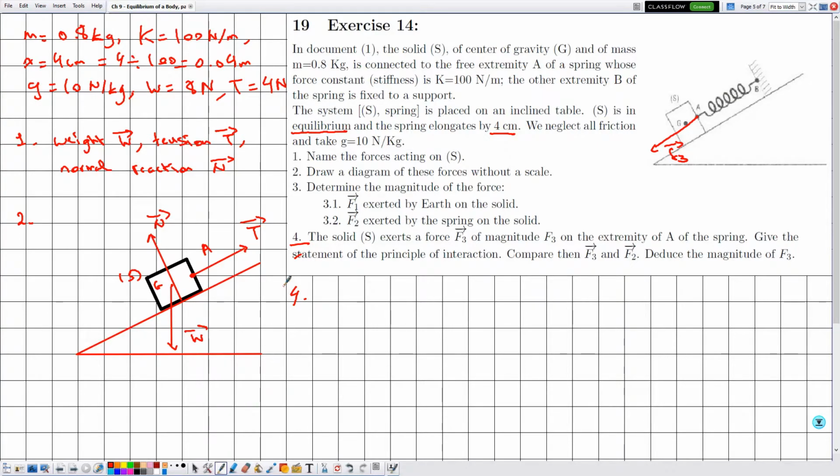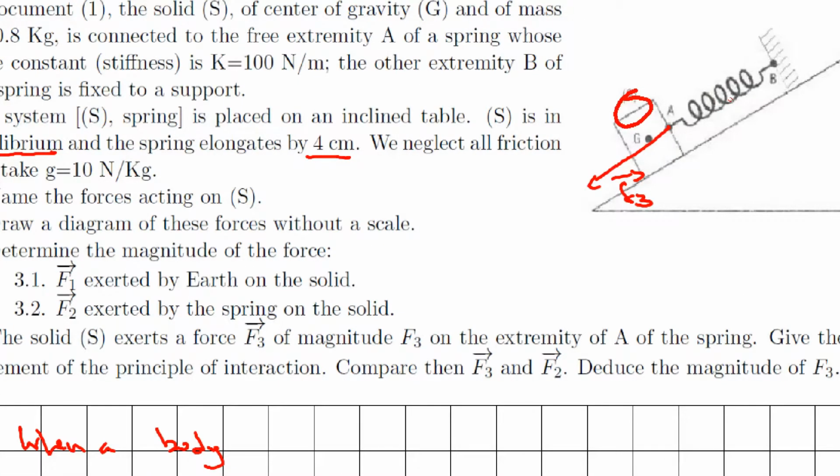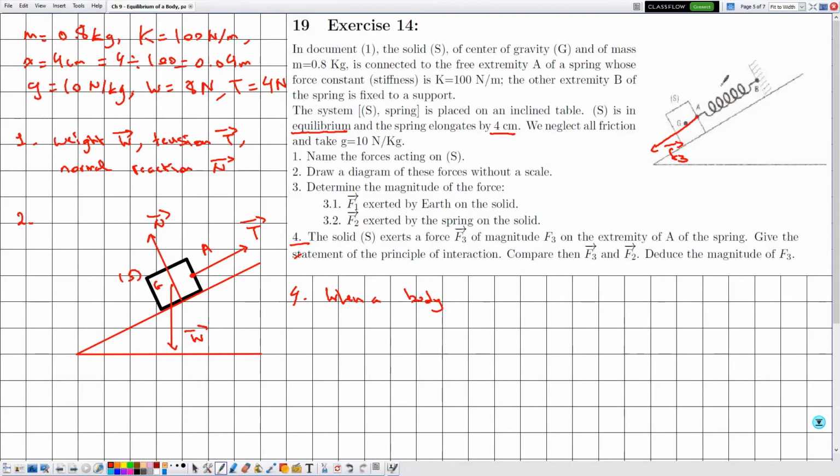When a body A, so here the body A is given by the solid S, so this is the first body, and the second body, for example, can be the spring, which is R. So when a body S exerts on body R, which is the spring, a force, so this force is said to be the force F3, given by the action.